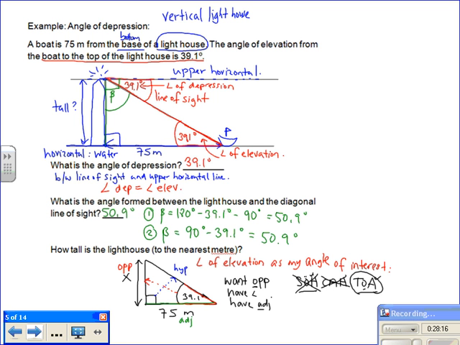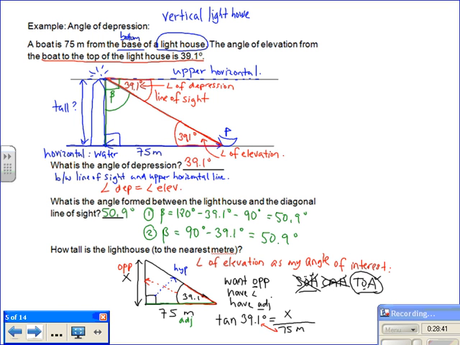Okay, so let's go ahead and solve this. Let's start with the tan of 39.1 degrees equals opposite over adjacent. Well, opposite is what I want, so we're going to call that one X because that's how I've labeled it here. And adjacent is 75 meters. All that's left to do now is get rid of that 75 meters on the bottom.